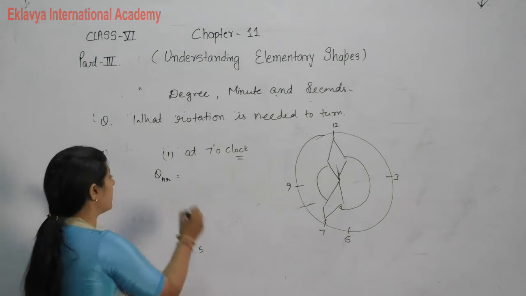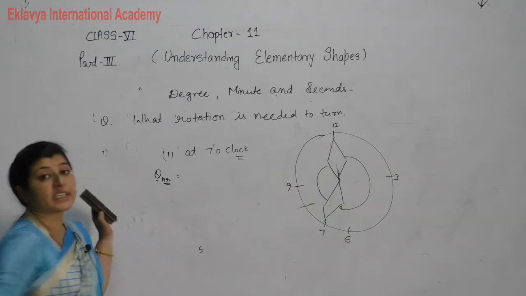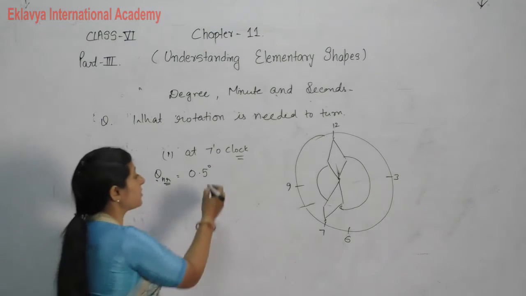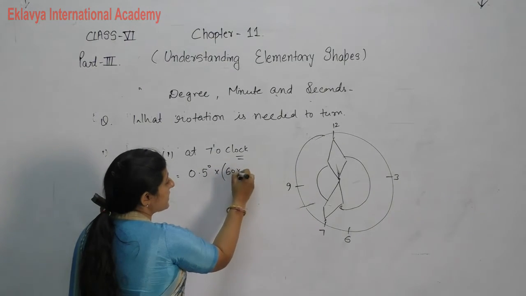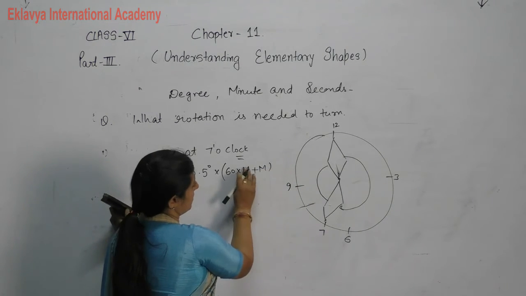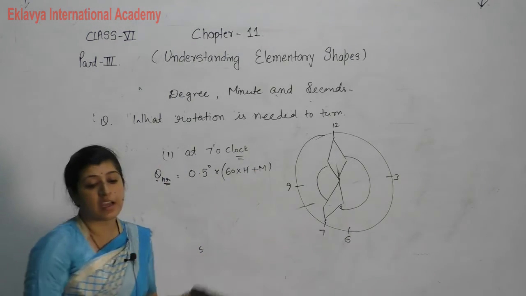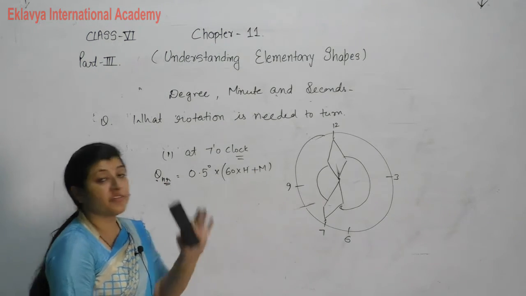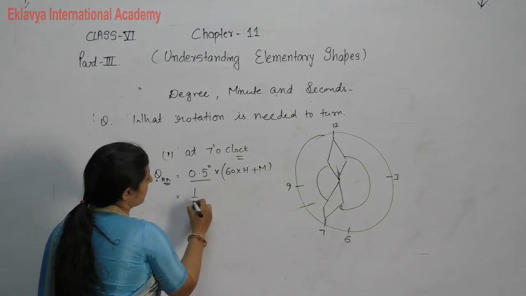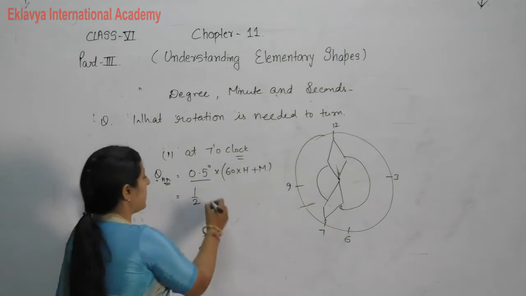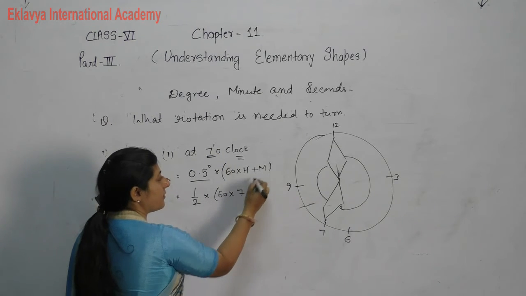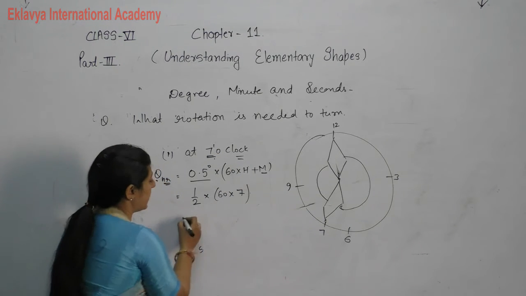For theta H, meaning how many degrees of angle the hour hand will make, there is a formula, that is 0.5 degree, because it has a half degree rotation, multiply by 60 into H plus M. This type we find out, we can find out our answer directly. See, 0.5 degree because we can take half degree, multiply 60 into, in hours only 7 hour, minute isn't given to you, so we can't take it.